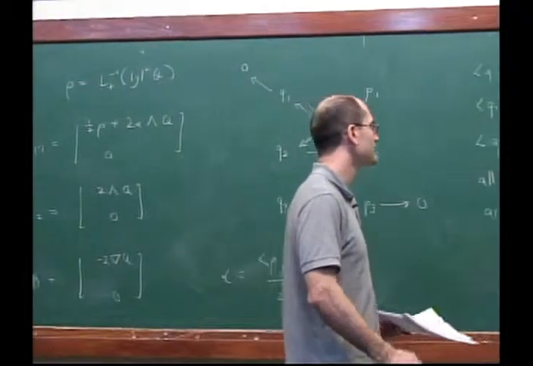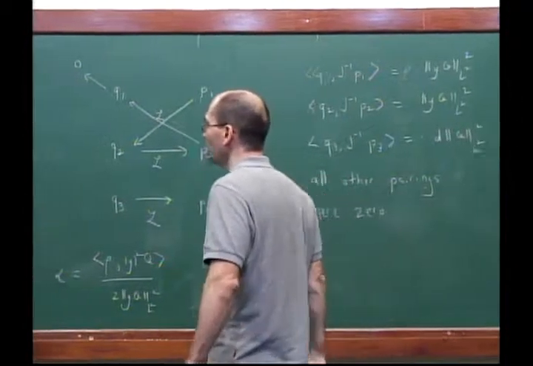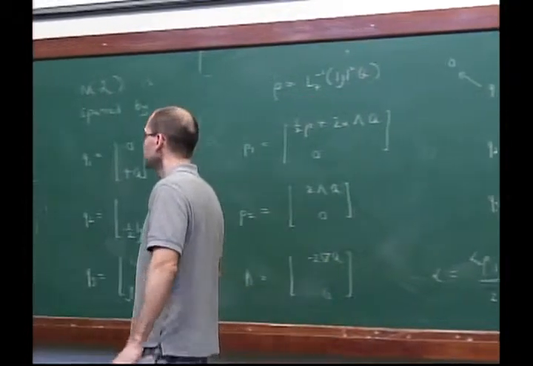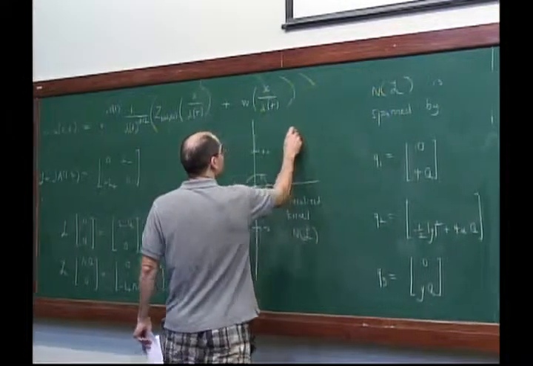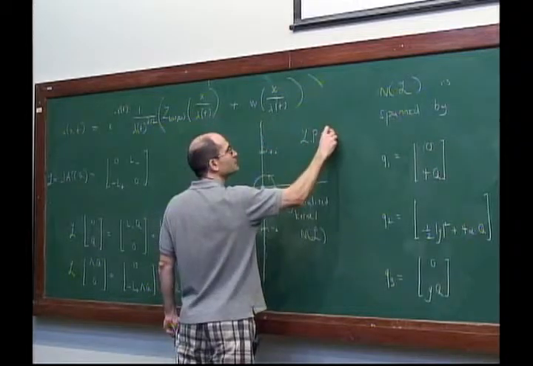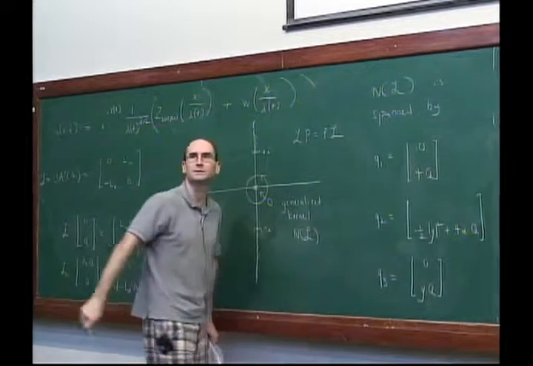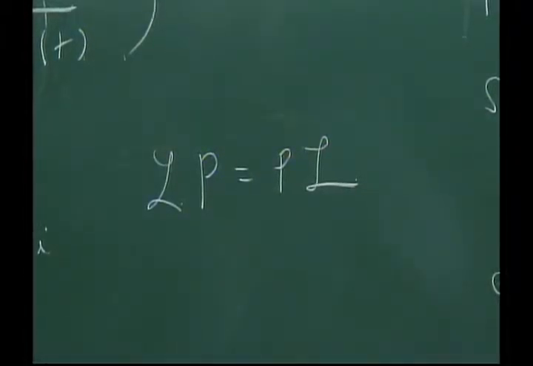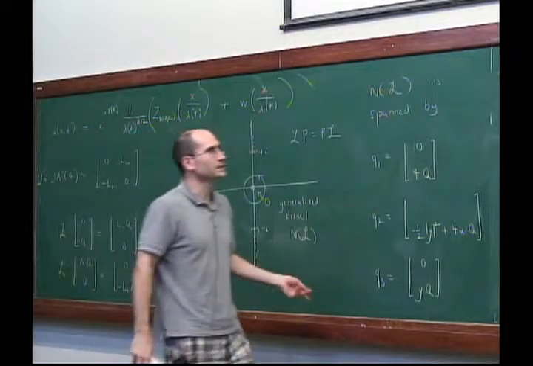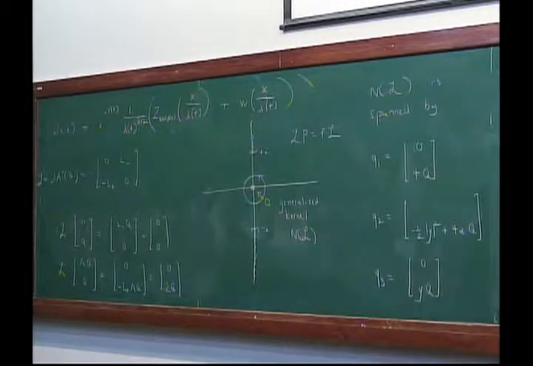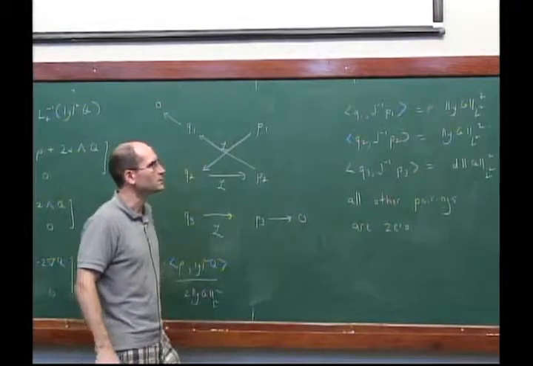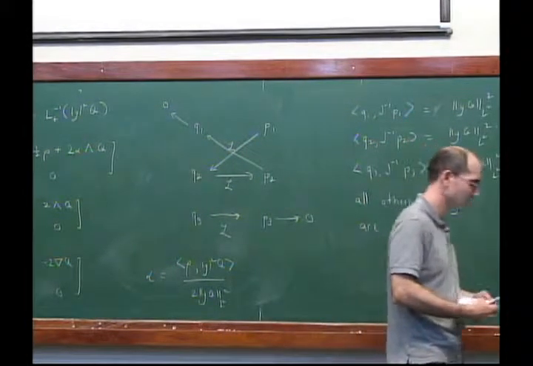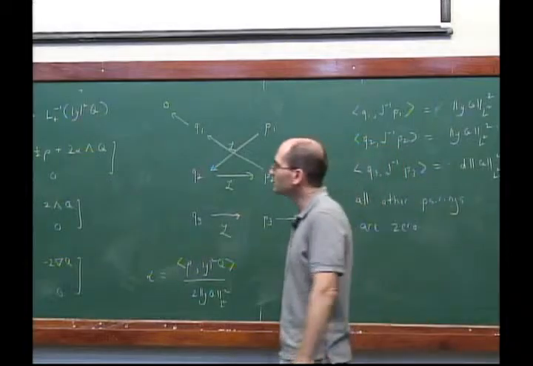And you can also check the other property that this Riesz projection has, that L of P is equal to P of L. It's supposed to commute with the operator. And you can check that too, but that's where you have to use these mapping properties in order to confirm that.